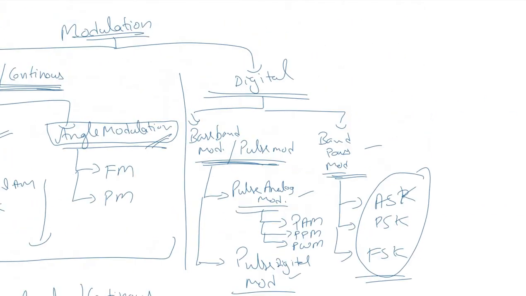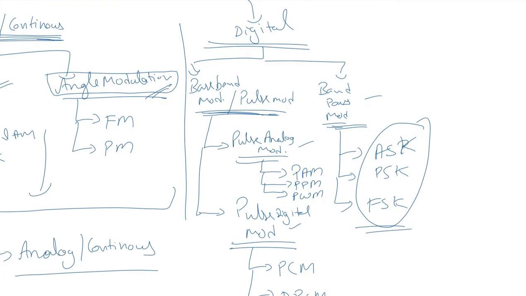Now moving on to the digital part of the modulation schemes, the first category is the pulse modulation. Okay, so here what we do is we use carrier signal as a pulse train. Instead of continuous signal, it is a pulse train. Carrier signal in the form of the pulses.